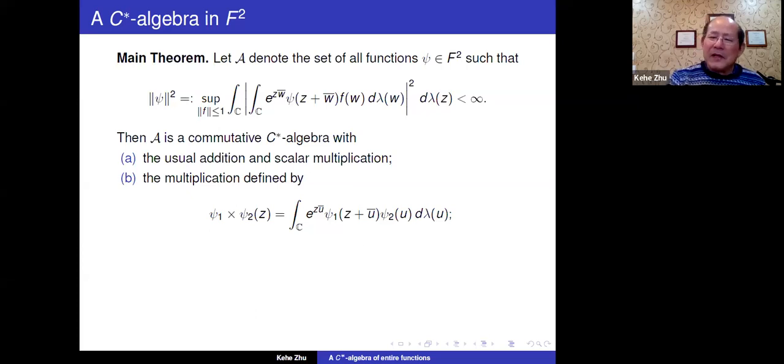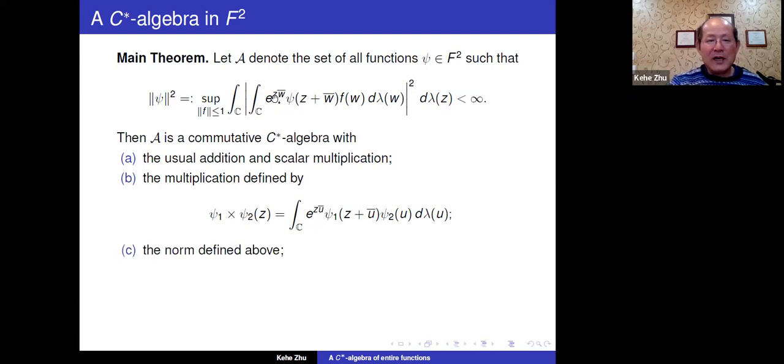And again, if you want to check this directly, it is also non-trivial. If you are given two functions, psi1, psi2, satisfying this condition, it's not exactly clear why this new function will also satisfy this condition. But because I knew this came from L infinity on the other side, and it corresponds to multiplication on L infinity, I know that this will work.